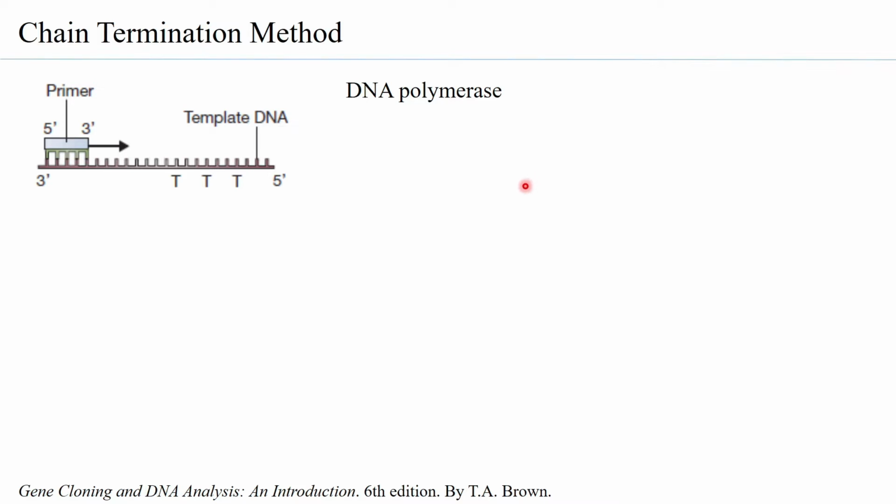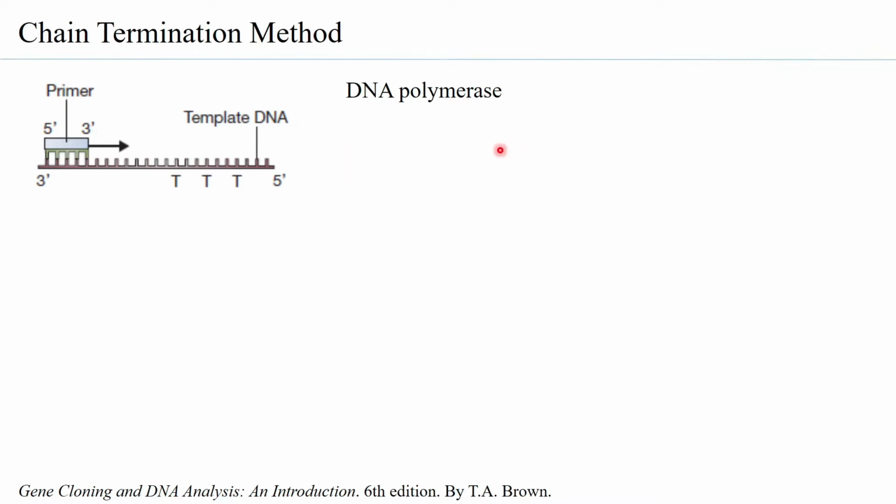Klenow fragments are generally DNA polymerases devoid of their exonuclease activity, or what can be used is specialized DNA polymerases like sequenase that is obtained from T7 bacteriophage, and that sequenase also can synthesize the DNA without the 3' 5' exonuclease activity.